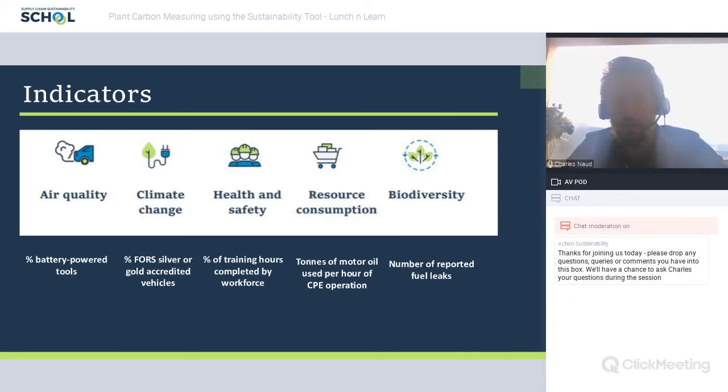What you can tell from some of them is that I've got percentages in there. So obviously percentages tend to be much more meaningful than absolute numbers. So if one of your KPIs is just the number of battery powered tools, then a number is out of context. 500 could mean a lot for an organization.